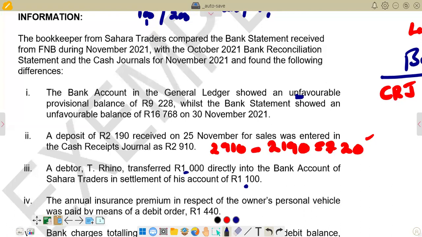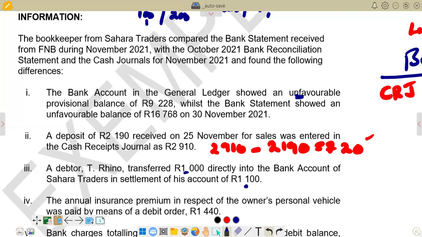So what are we supposed to do? We are supposed to update our cash book by putting this 1,000, which was directly deposited into the bank account without our knowledge. When it was transferred into the bank account, it was on the credit side of the bank statement. So we are supposed to put it on the debit side. Remember, we said what is on the credit side of the bank statement should be the same as what we have on the debit side of the bank account.